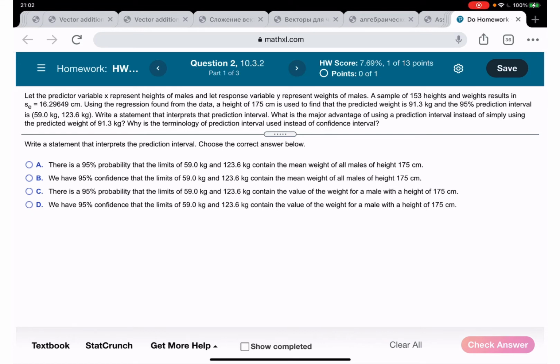Okay. So, what is going to be our answer? We are going to say we have 95% confidence that the limit of 59 kilo and 123.6 kilo contain the value of the weight for the male with the height of 175 centimeters.